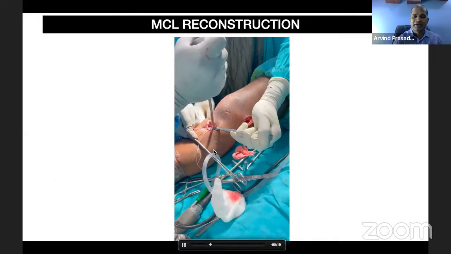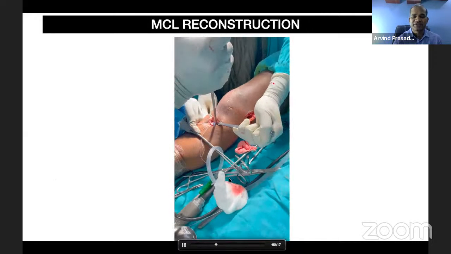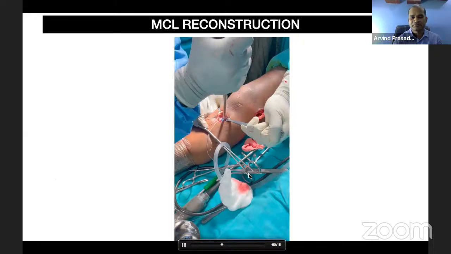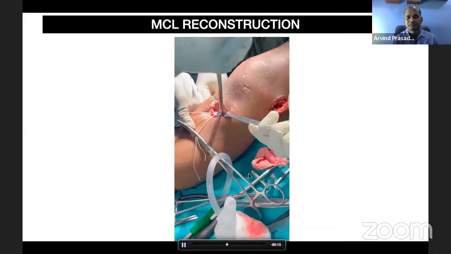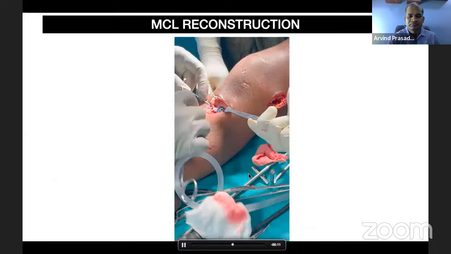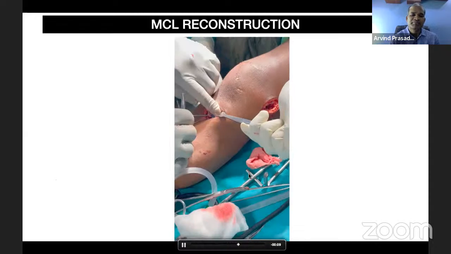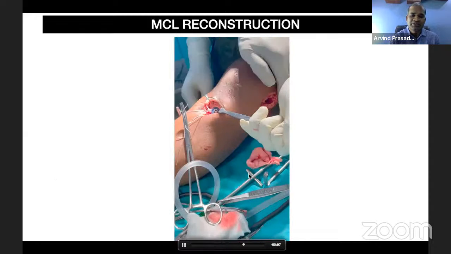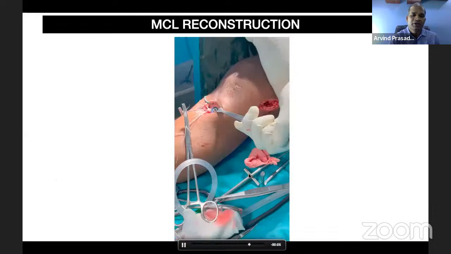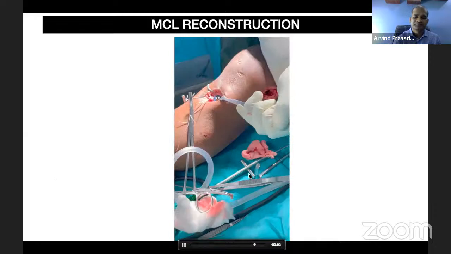At an angle of around 30 degrees of knee flexion with valgus. And you can see it gets completely compressed between the surface of the tibia and the spike washer.